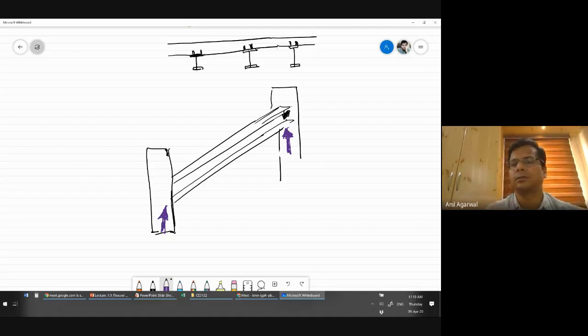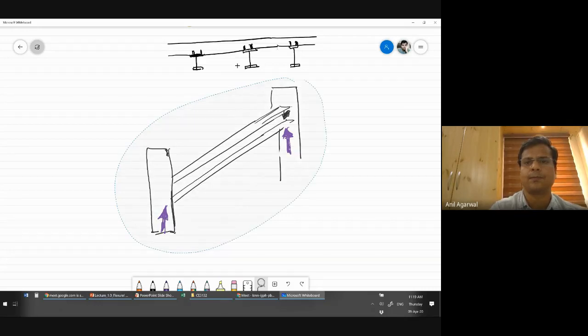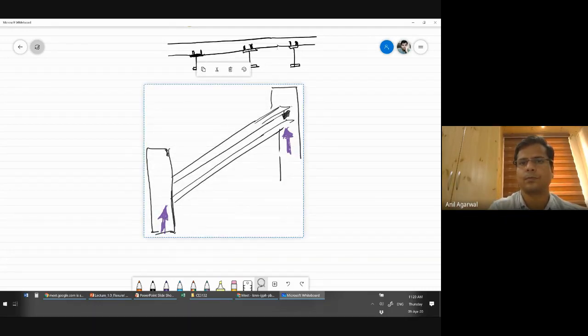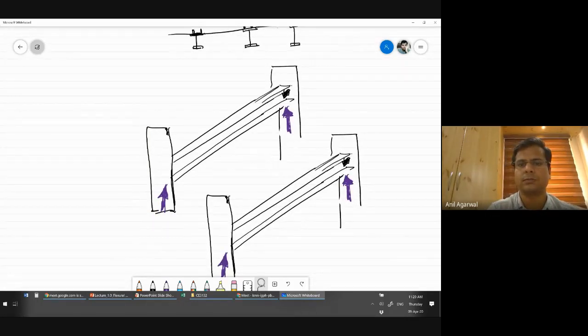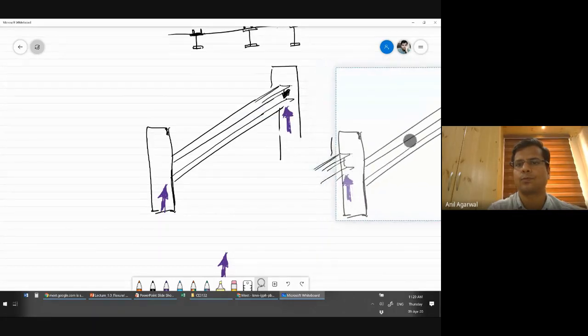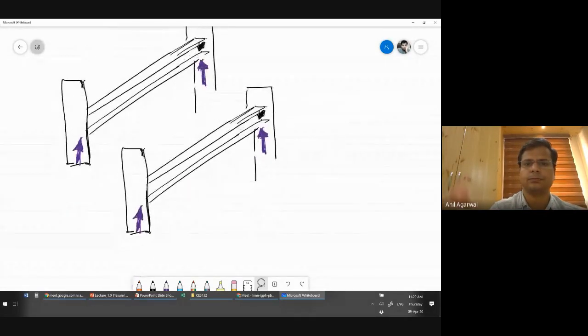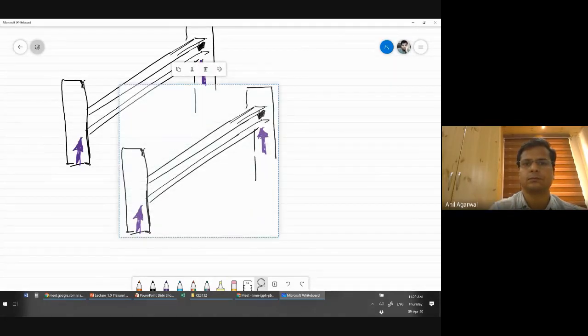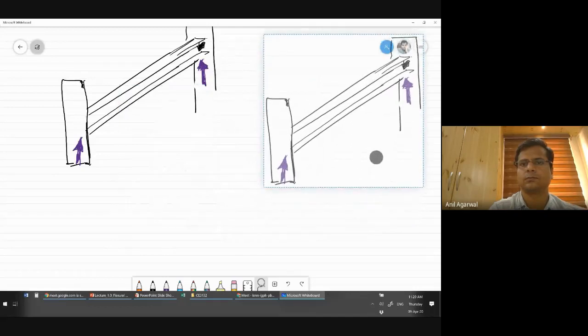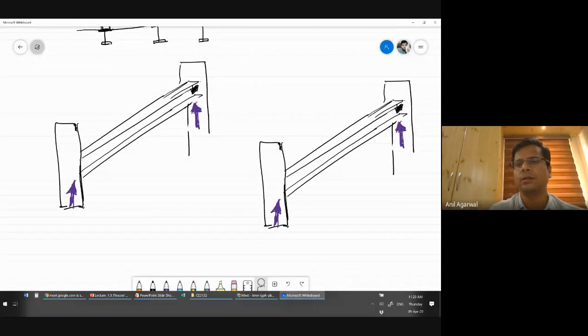Then comes the question of lateral supports. So what may happen is that whatever system I have here, I may have another similar system a little bit far away from here, and then what I may have is another set of beams.